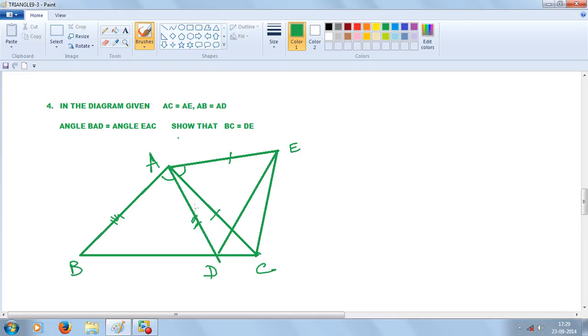So how can we go about this? In the diagram given, BC is equal to DE, you have to prove.